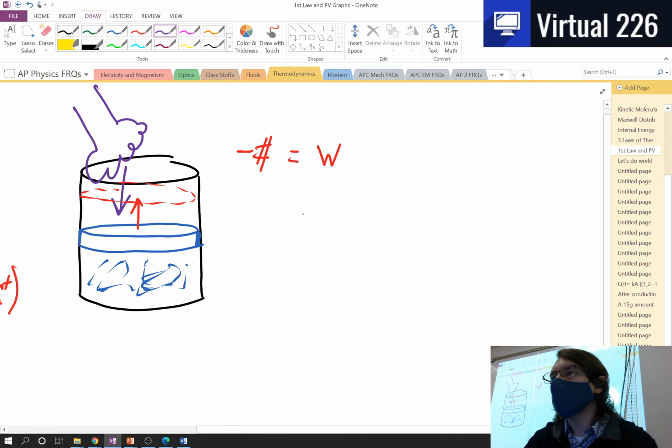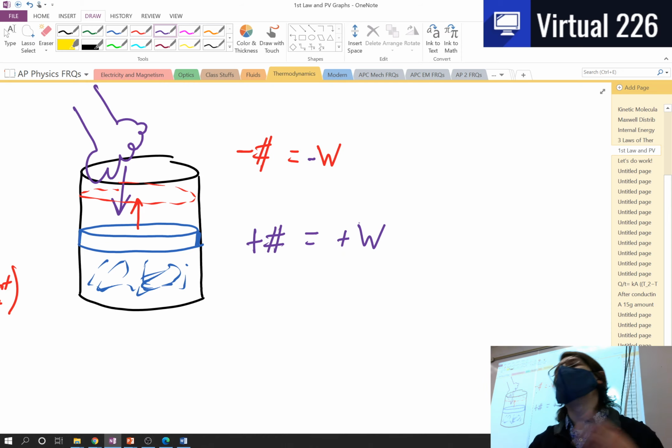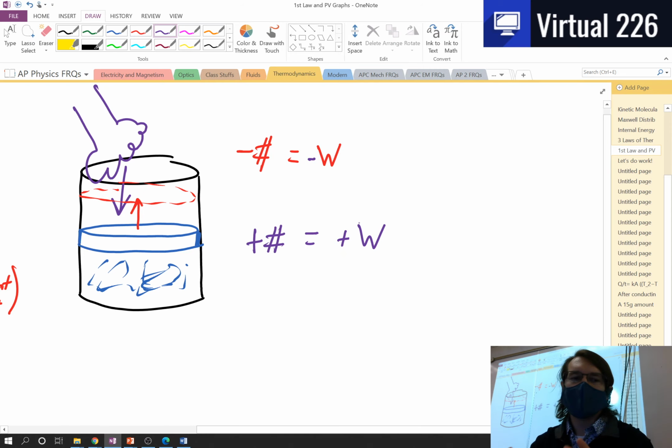This system would gain internal energy, which means the work needs to be a positive value. So positive works are works that are done on the system. Negative work is the system doing something, because that internal energy has to drop. Okay? Those are important things to think about within this system here.